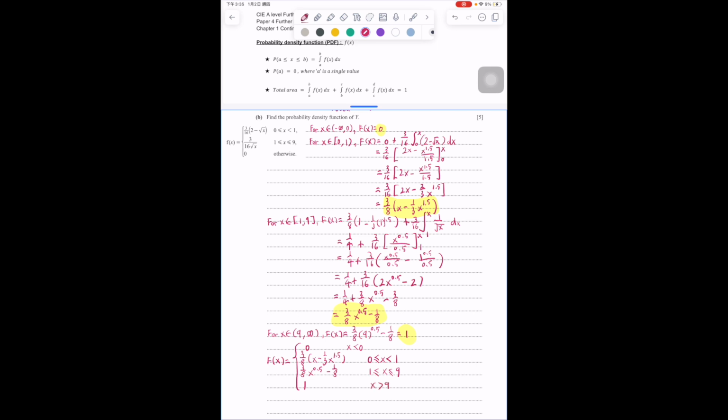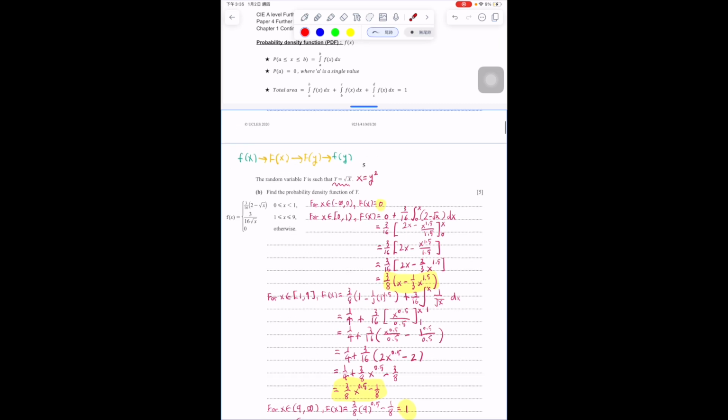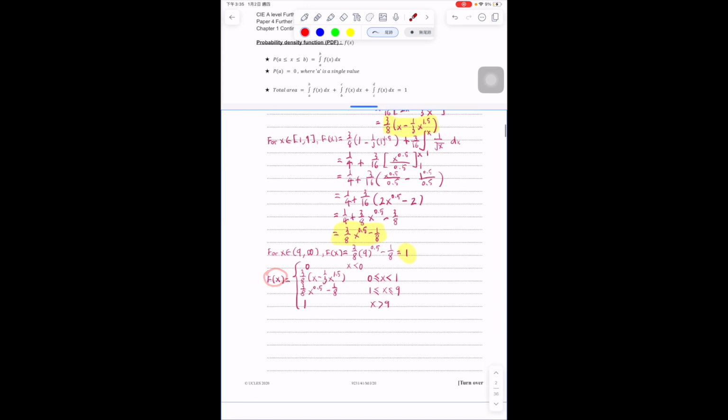Okay, so here we find the fx, the CDF of x, and then we can change our variable from x to y using the relationship x is equal to y squared. So we can just change the variable. You can just copy everything and then change the variable like this.